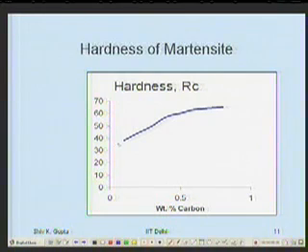Strength is not going to be that much. So if my intention is to make the steel hard by transforming it to martensite, then I must have 0.6% carbon. And this is irrespective of whatever alloy additions are available in the steel. The hardness of martensite is a function of carbon.